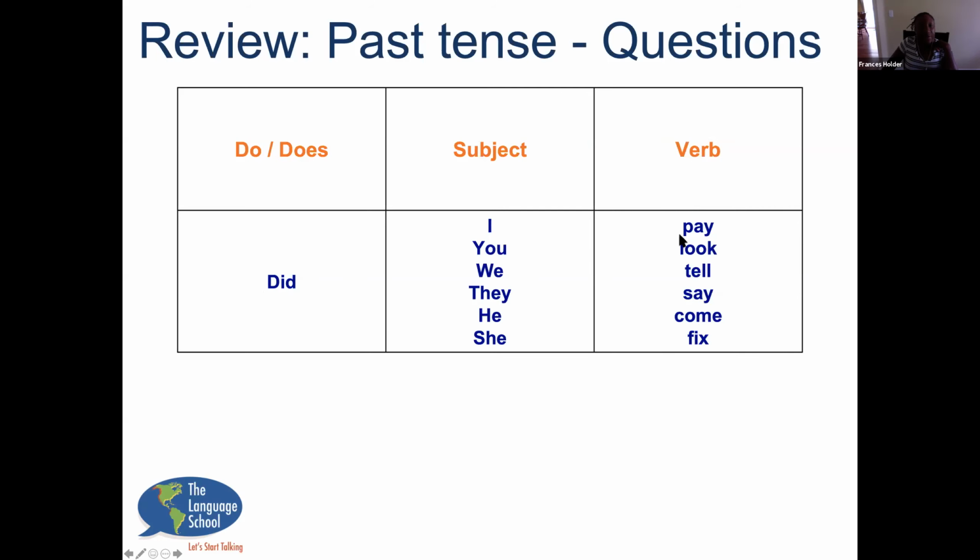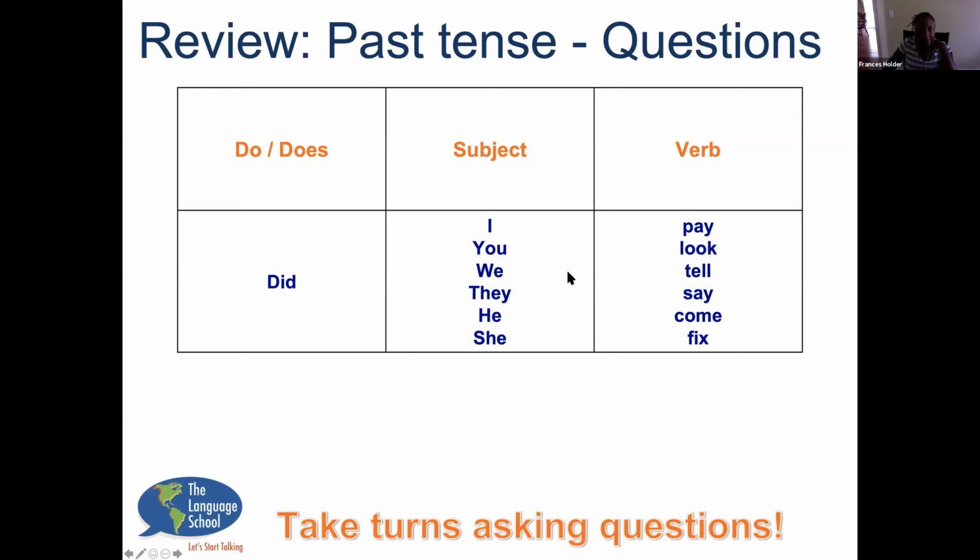And your main verb never changes. Even in the third person, even in the past tense, it stays in its base form, in its original form. Okay?